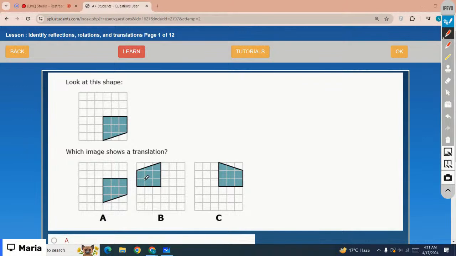The correct option is A. You can see this point and this point is common. So that means this image is translated. Sorry, rotation. This is the rotation, right? This is the reflected image and this is the translation. A is the correct option. A is the translation. The correct option is A.